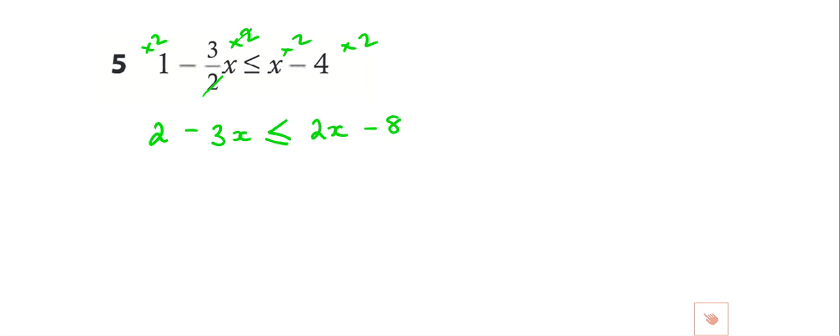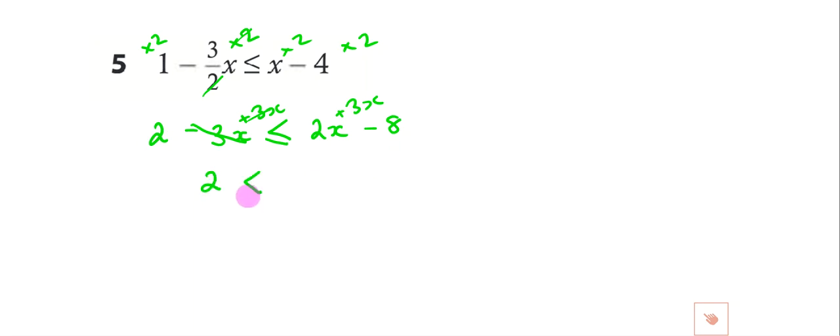What I did next was I added 3x to get rid of the minus 3x. Got that? We don't want a negative x anywhere, so we add 3x to both sides, and adding 3x gets rid of the subtract 3x, so we're left with 2.